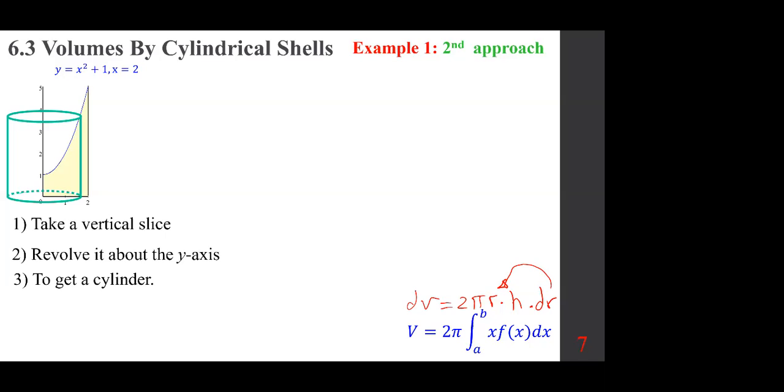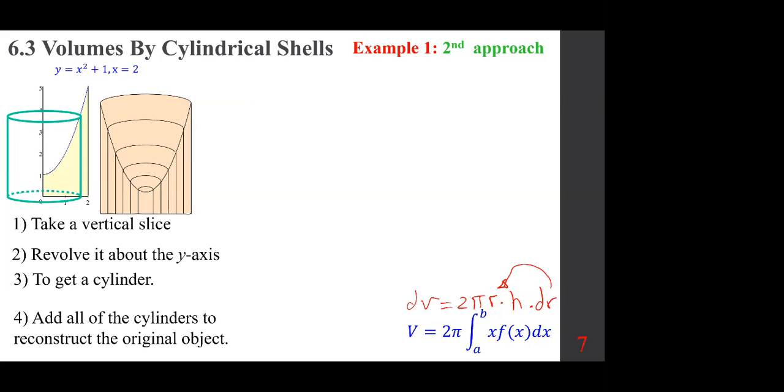Now imagine you pick another vertical slice. It creates another hollow cylindrical shape, so on and so forth. So if you do it infinitely many times and add them up, it becomes the volume.